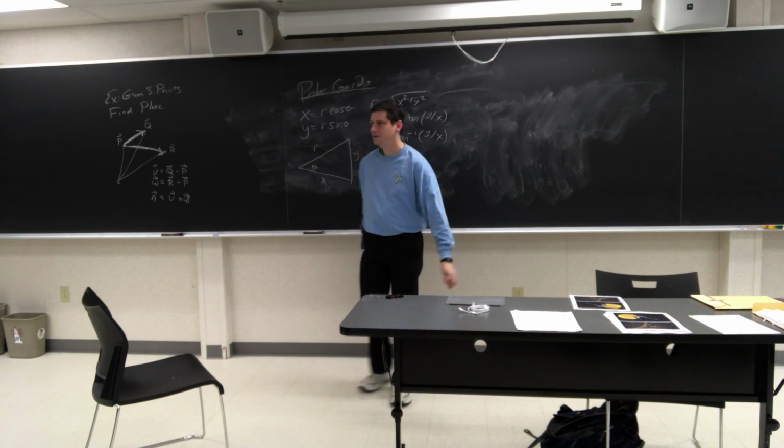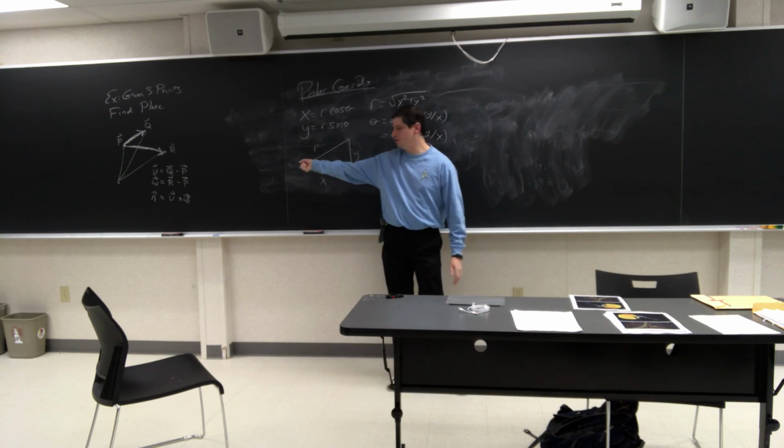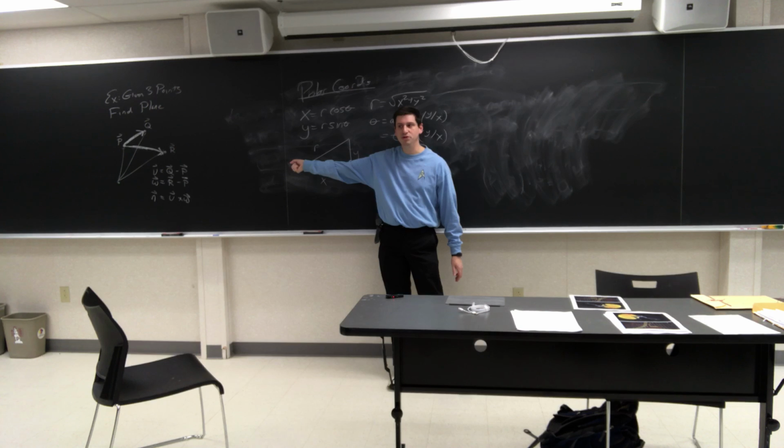Yes? Where x is 0? Well, it's a little bit more than just x is 0. It's not just x equals 0. It's x and y is 0. So if x and y are both 0, you're at the origin. So your r is 0, but what's your theta?